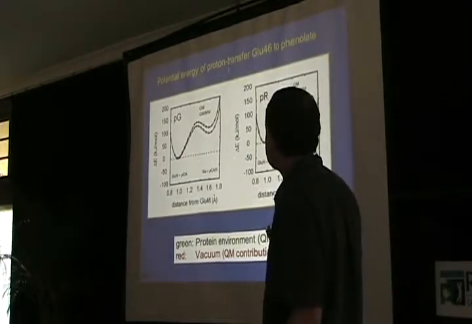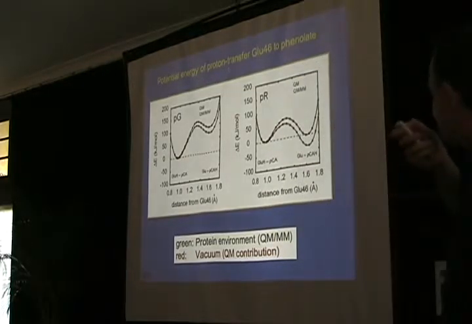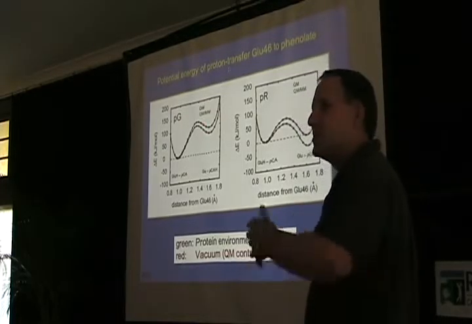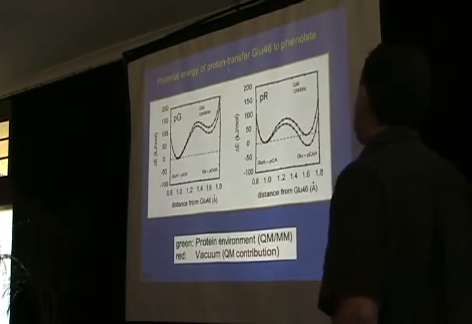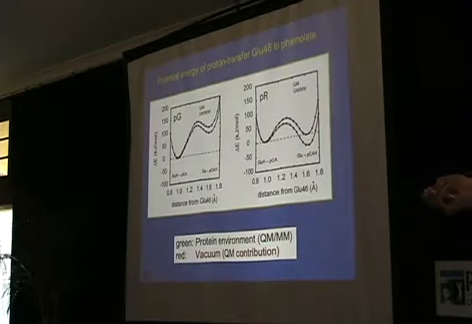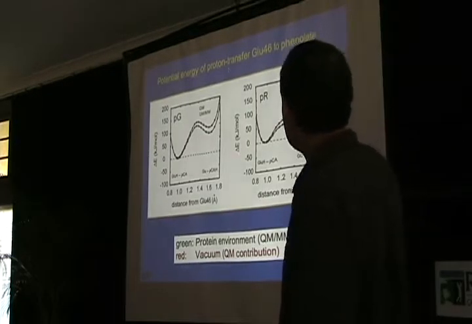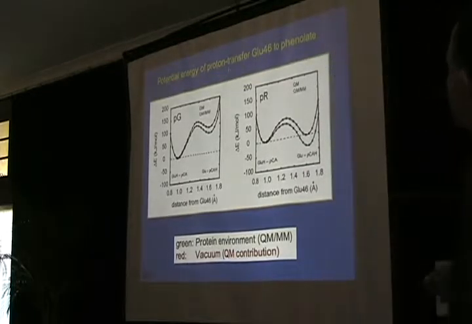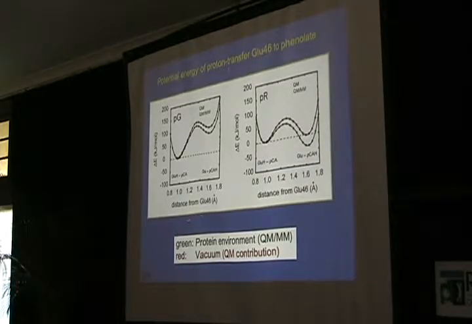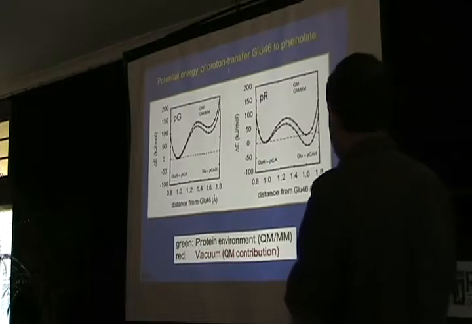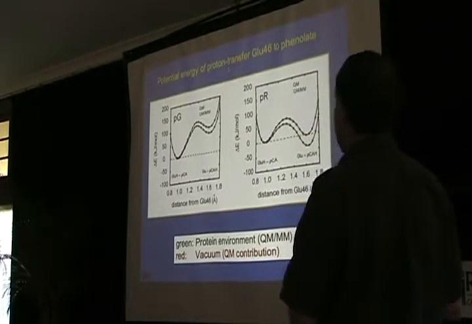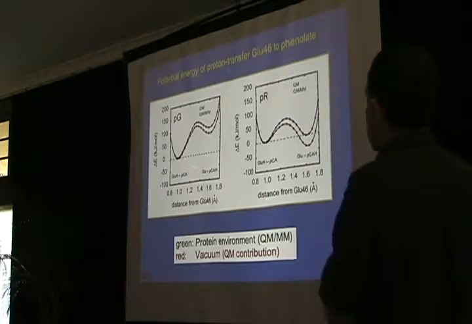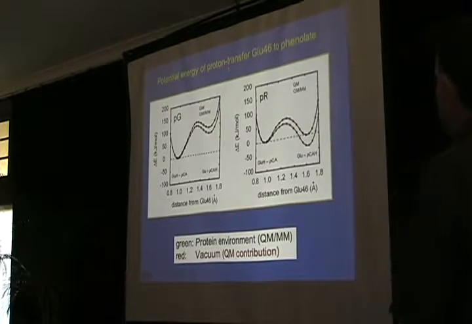But that's not totally true, because what actually happens with this system is that when we shorten the molecule, you wouldn't dare stop it too early. When we shorten the molecule, what you see is that there is a change, and this is the potential energy surface of transferring one of the protons from the, in this case, and I should remember it's the glutamic acid and not the tyrosine, which is what was originally expected, from the glutamic acid across to the phenolic group.